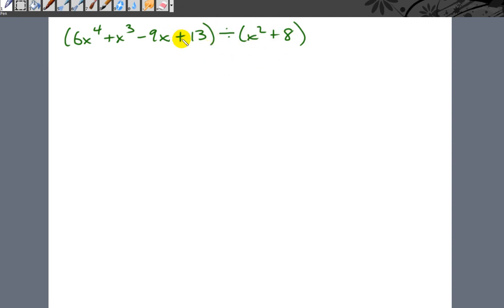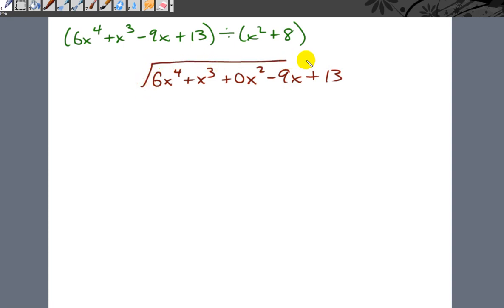As you can see here, we don't have an x squared term. So since we don't have an x squared term, we need to put a 0 there. So this is going to be 6x raised to the fourth plus x cubed plus 0x squared minus 9x plus 13. Then we're going to divide this by x squared plus 8.